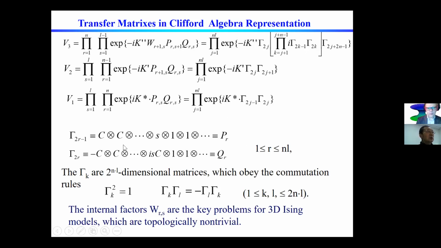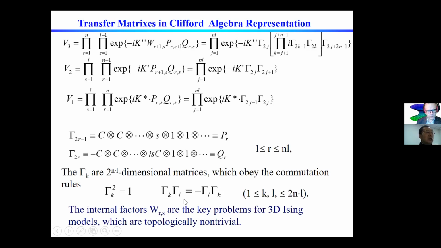The gamma matrix is defined as the direct product of Pauli matrices. The C and S are Pauli matrices with the unit matrix. So we deal with the Clifford algebra in this way. The gamma matrix follows the anti-commutativity condition.